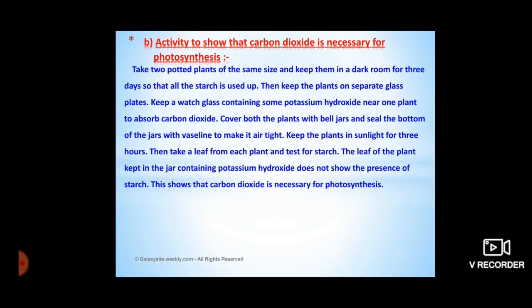And in the pot without potassium hydroxide, we will identify the presence of starch, because photosynthesis takes place. So these two experiments demonstrate that carbon dioxide is necessary for photosynthesis.